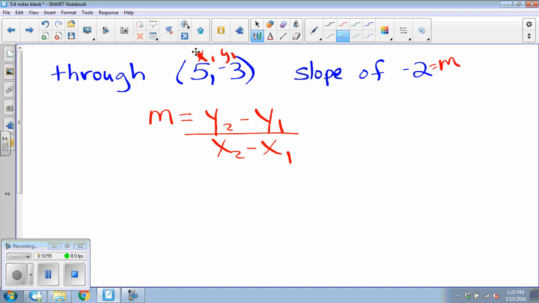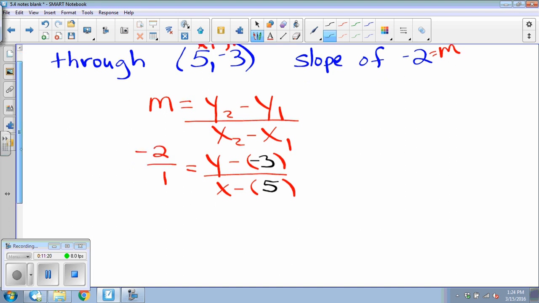Right. So m is -2, so it's -2 over 1 equals y minus something over x minus something. So it's y minus what? -3 over x minus what? 5.